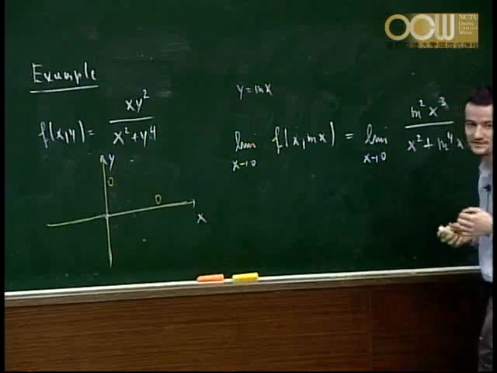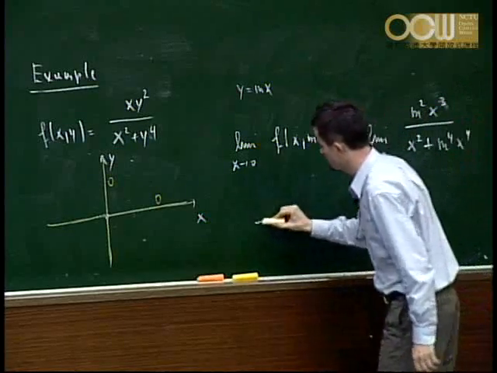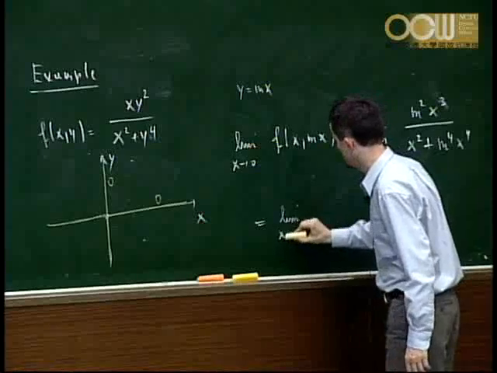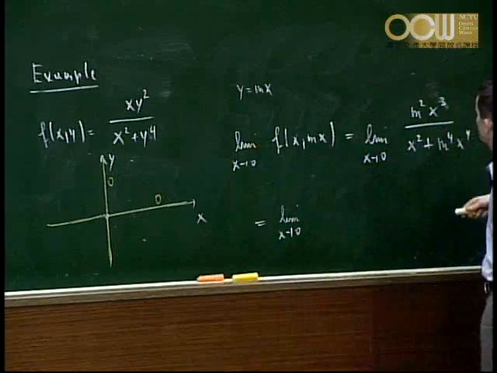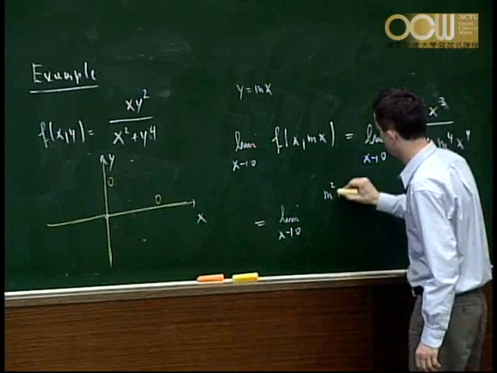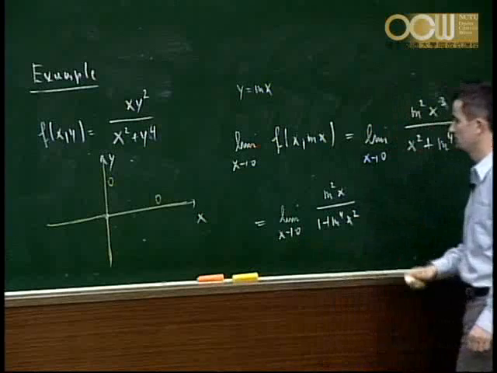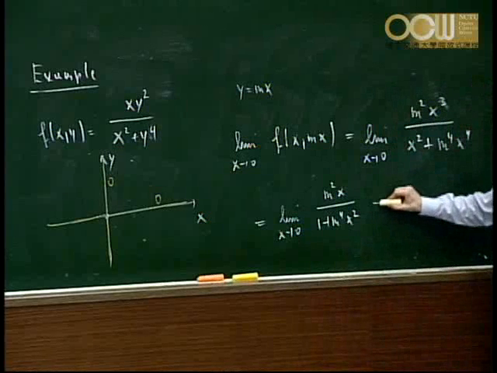This actually is important. Okay, so this m squared is just a constant, but we see that we divide everything by x squared. So what we get is m squared x over 1 plus m to the 4th x squared. And you see this is 0.